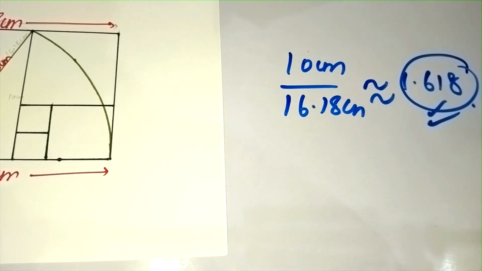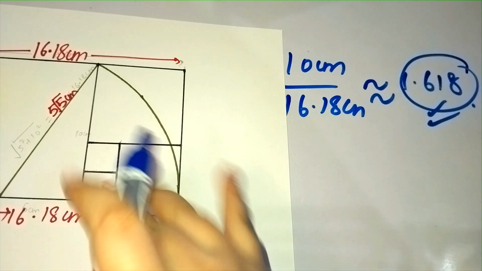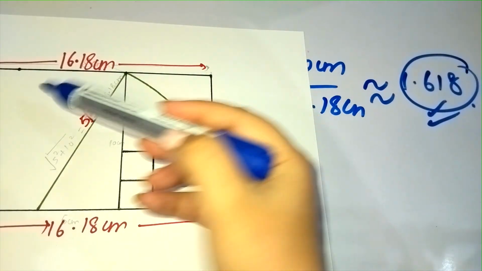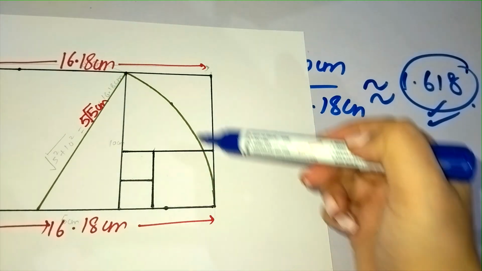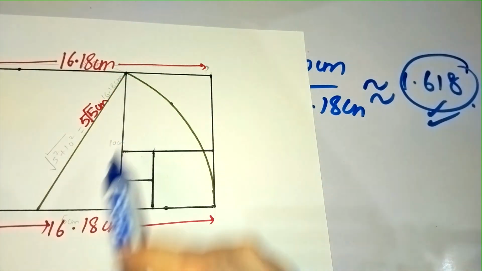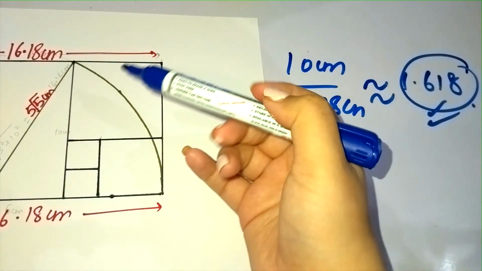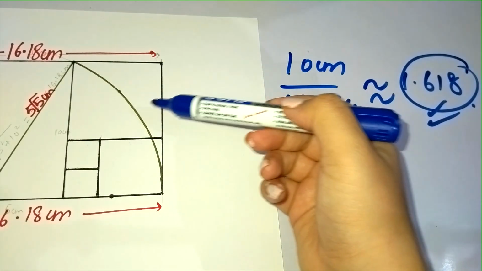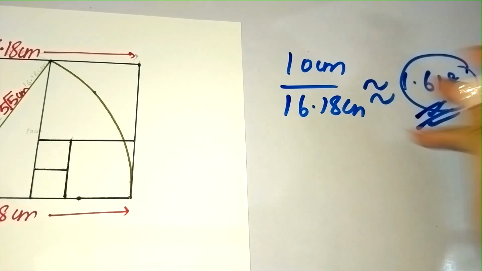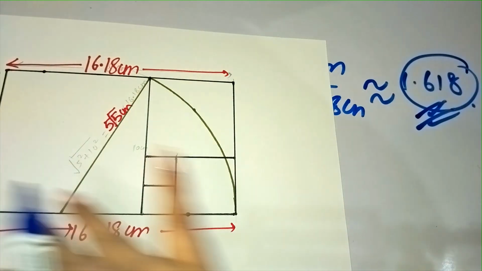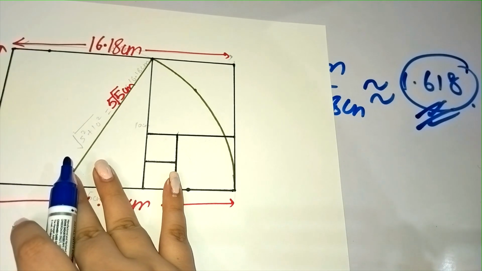And then again, after removing this square, when we got this rectangle, this is also a golden rectangle, because again the proportion of its sides also has the same ratio, that is 1.618. That is why we again and again get the golden rectangles.